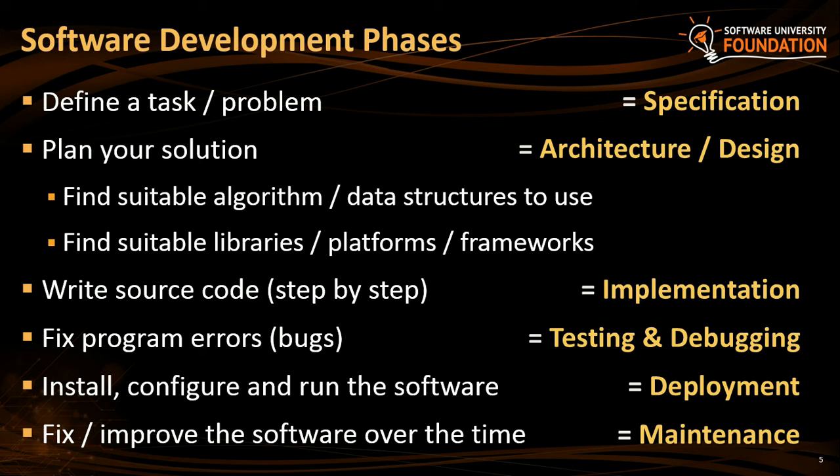This slide shows how programming relates to software engineering and software development, and that pieces of all these typical steps are involved, because if you write a small program that enters 10 numbers and calculates their sum, you have a task, a problem to calculate a sum of numbers. You plan your solution. You say, okay, I will use an array and a loop.